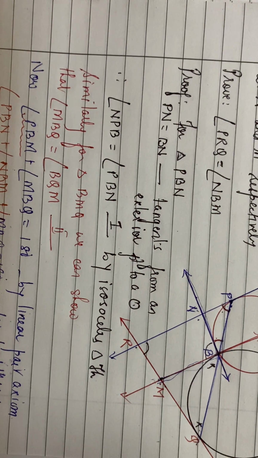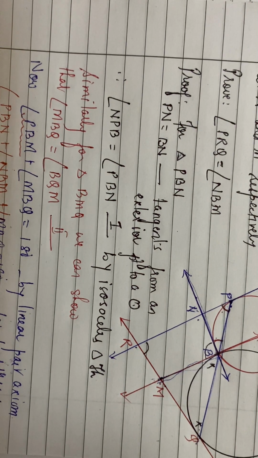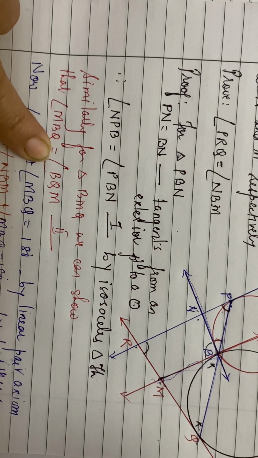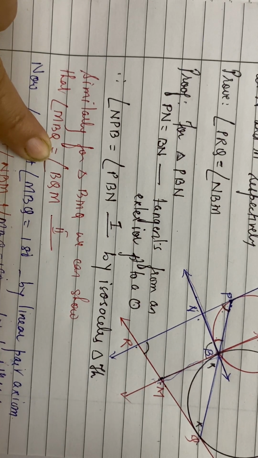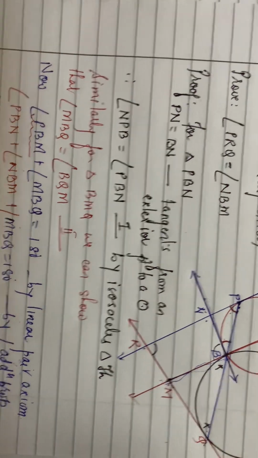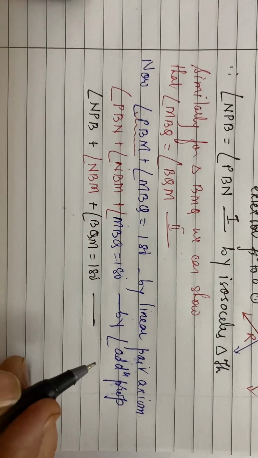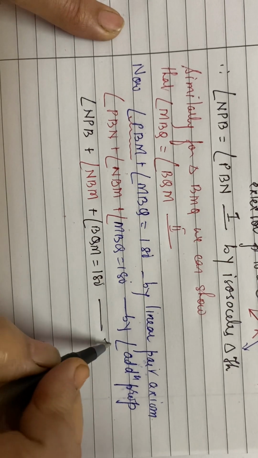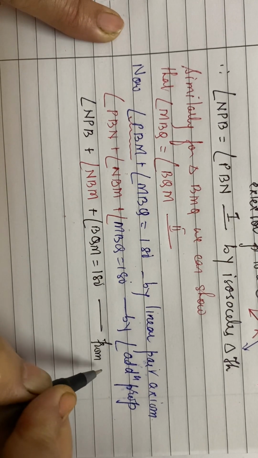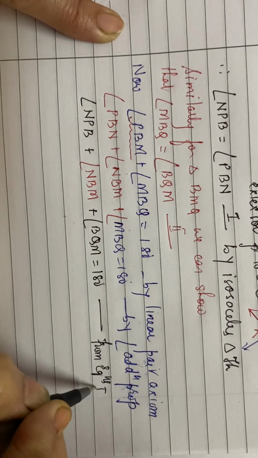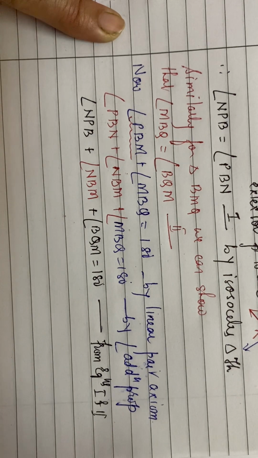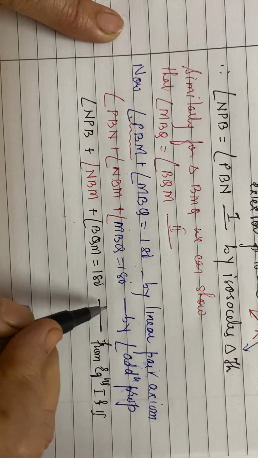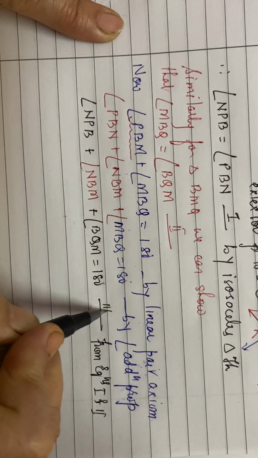So angle NPB plus angle NBM plus angle BQM is equal to 180, and the reason is from equations 1 and 2. Got that? Okay, so now this becomes your equation number 3.